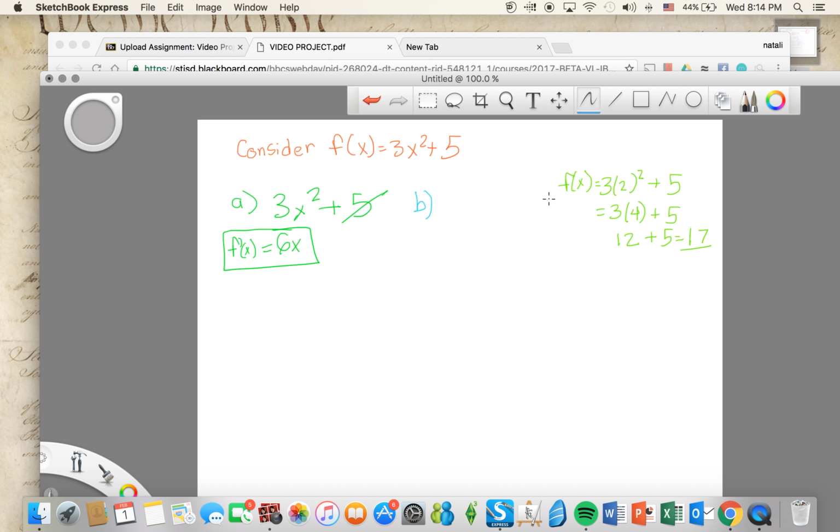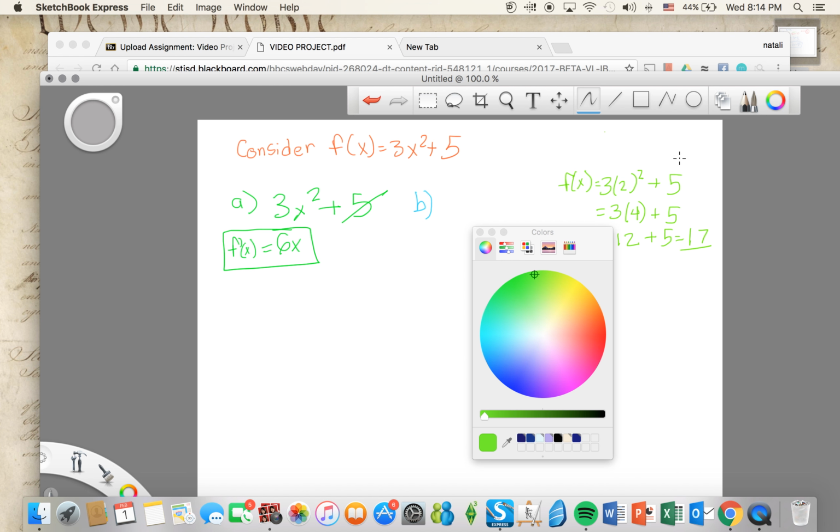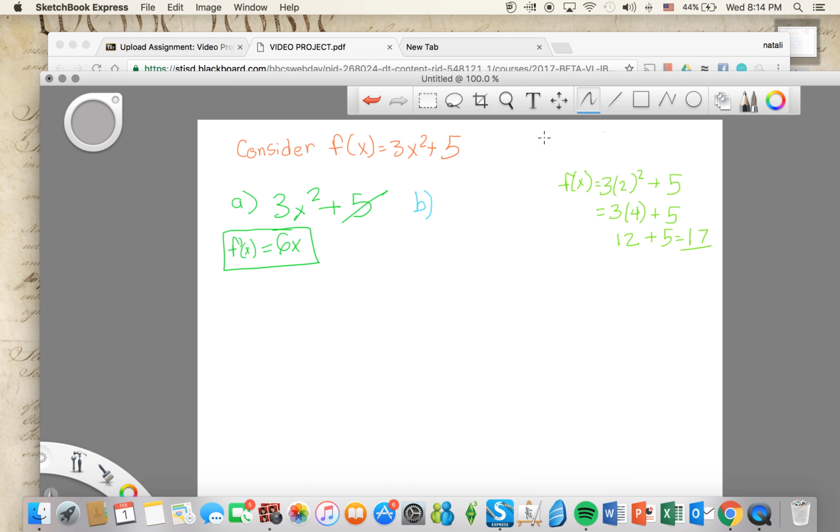I'm going to make this in a brighter color up here. So for this, our x and y coordinates are 2, 17. The 17 is our y, and we've already been given our x, so there's no difficulty with that.